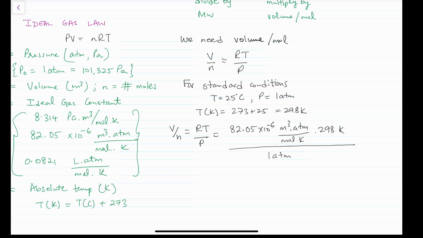And if we see how these things cancel out, atmospheres cancel with atmospheres and Kelvin cancels with Kelvin.